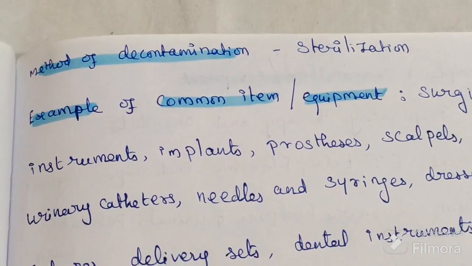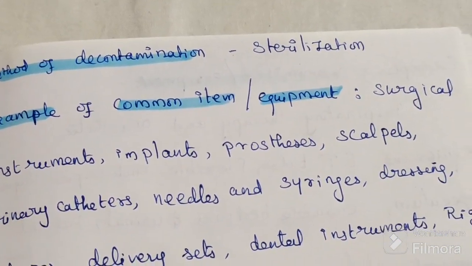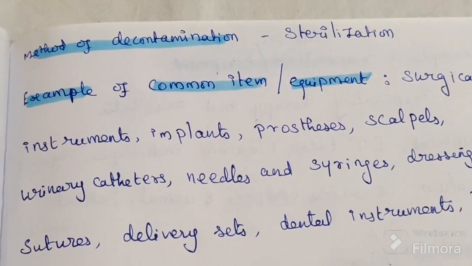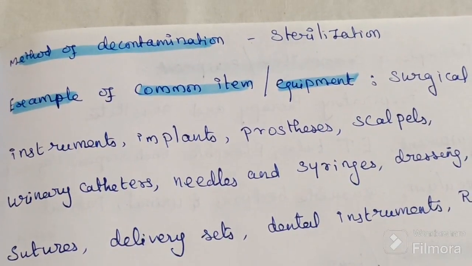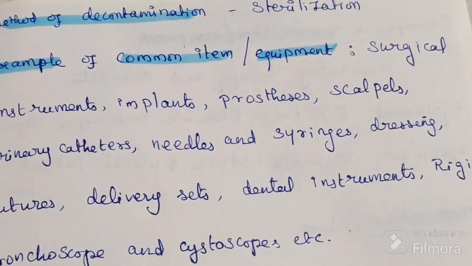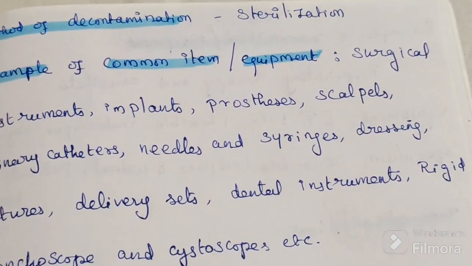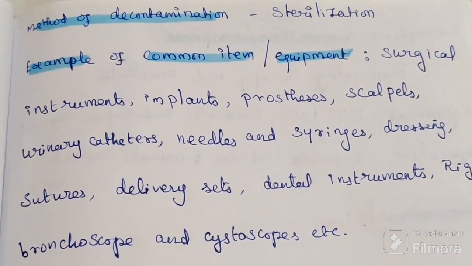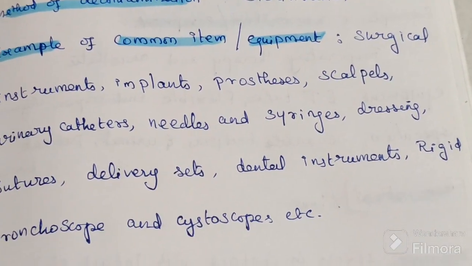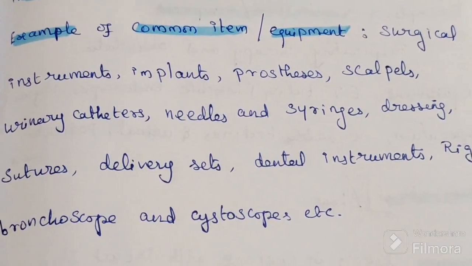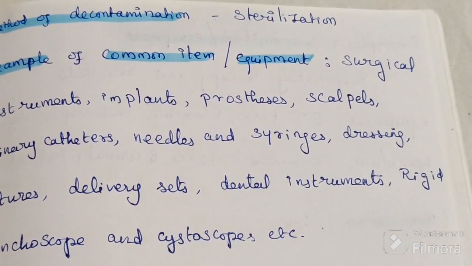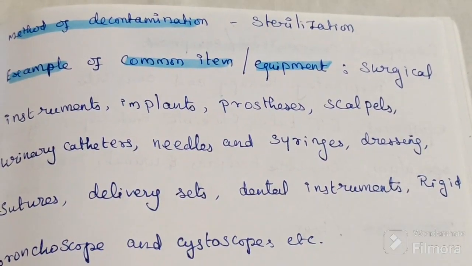What are examples of common items or equipment?